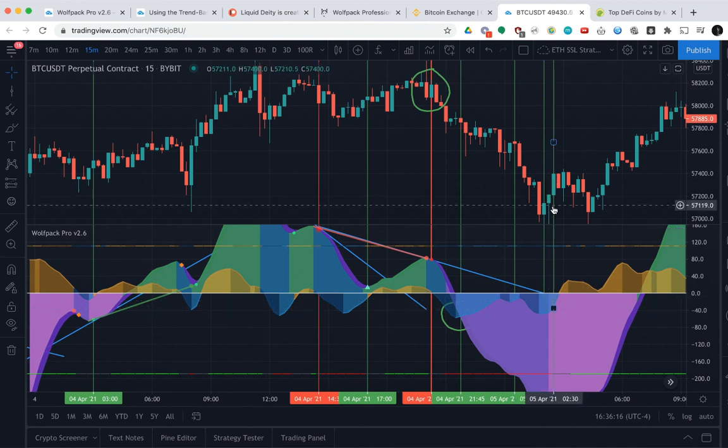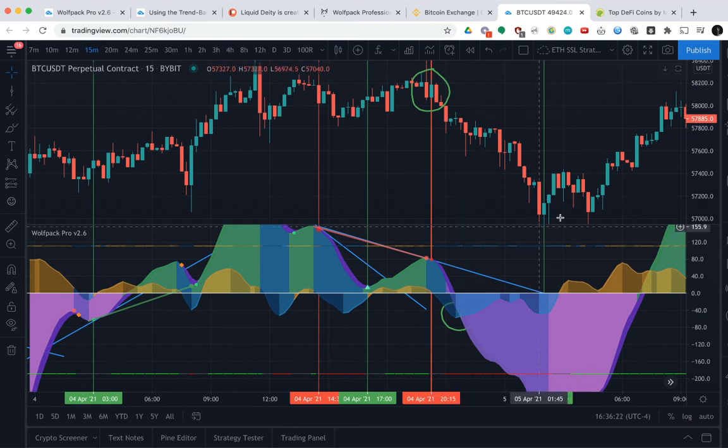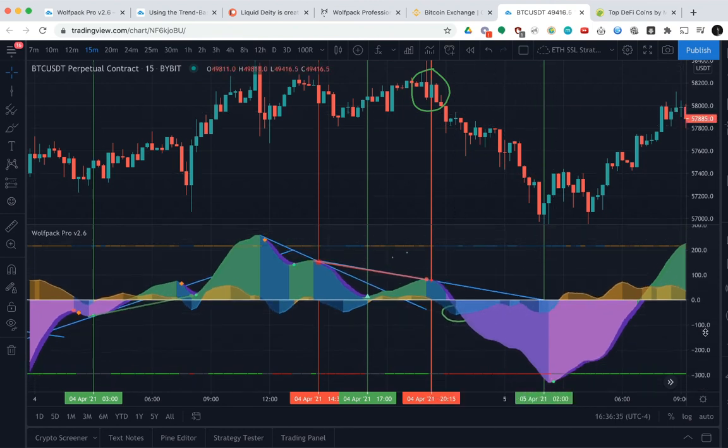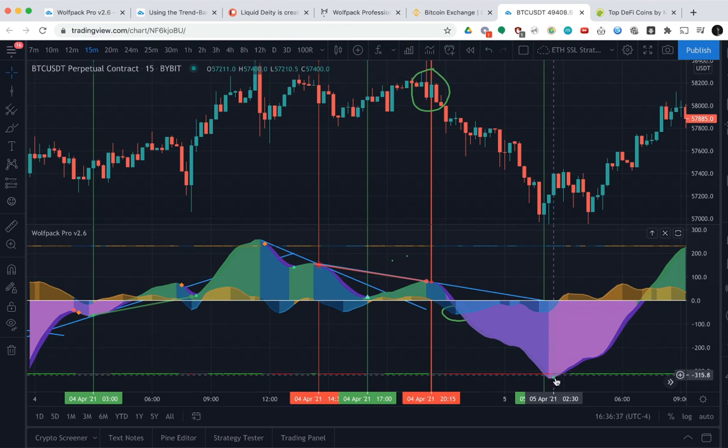So that was, if I remove these, you can see right here would have been the best area to take profit. It's when the acceleration wave turns to light blue. But again, there were 3 potential take profit points, or potentially on this buy signal here when the dark purple turns to light purple.